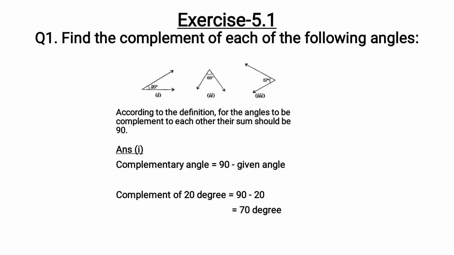Thus, complementary angle is equal to 90 minus given angle. Therefore, complement of 20 degrees will be equal to 90 minus 20, which is equal to 70. Thus, we can say that the complement of 20 degrees is 70 degrees.